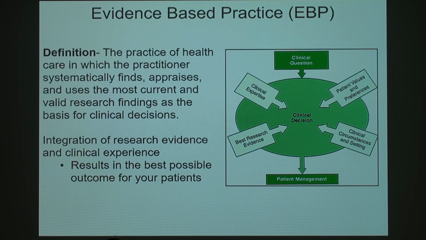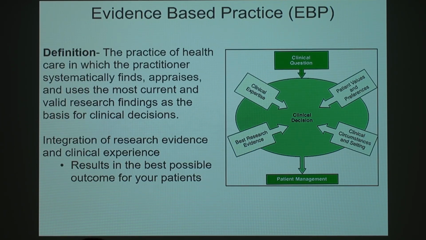So you're going to take your expertise, and what's known out there in the literature after you've evaluated it. You're also going to consider your capabilities and the type of clinic that you're in, and what the patient wants. All of those variables are input to come up with the clinical decision, and of course, that is going to impact your overall patient care and patient management.